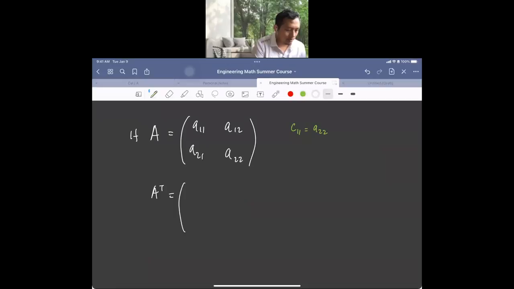Or maybe you can write the transpose first, which becomes A11, A21, A12, A22.